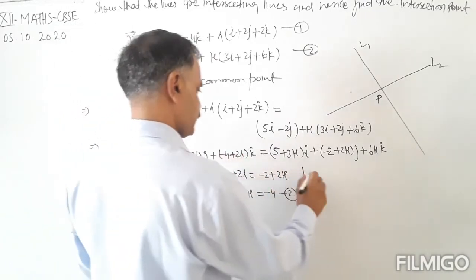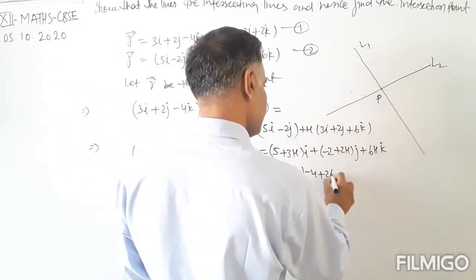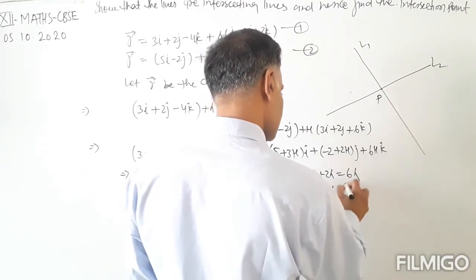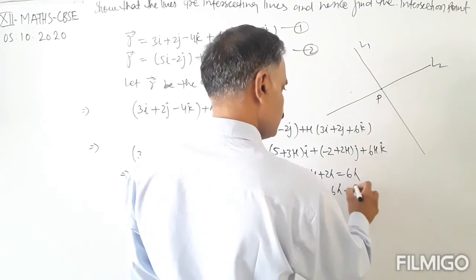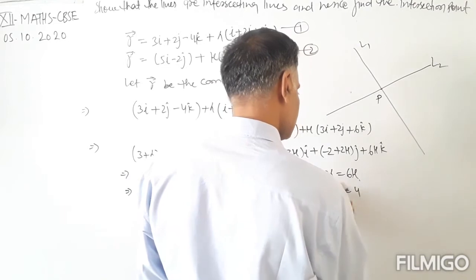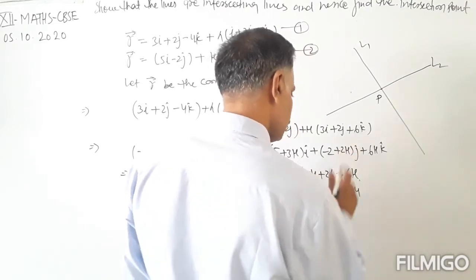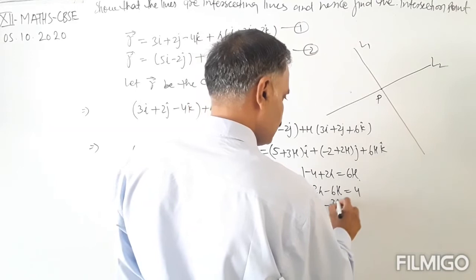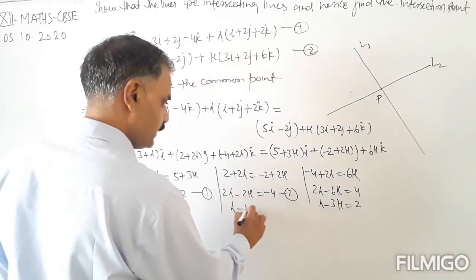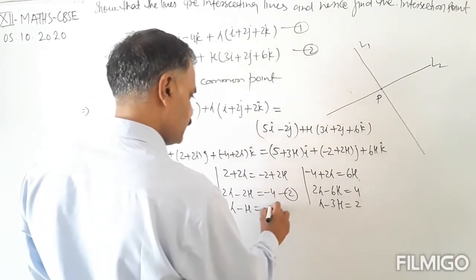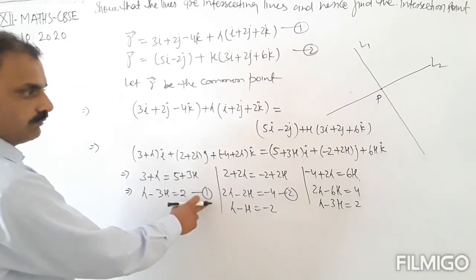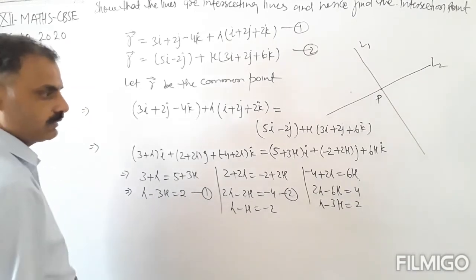Comparing the k cap components, minus 4 plus 2 lambda equals 6 mu, so 2 lambda minus 6 mu equals 4, or lambda minus 3 mu equals 2. This is the same as equation first; the second gives lambda minus mu equals minus 2.